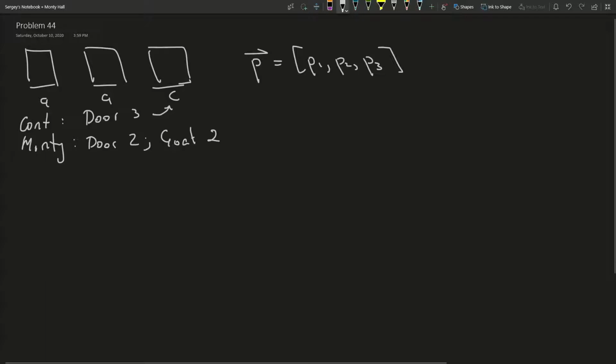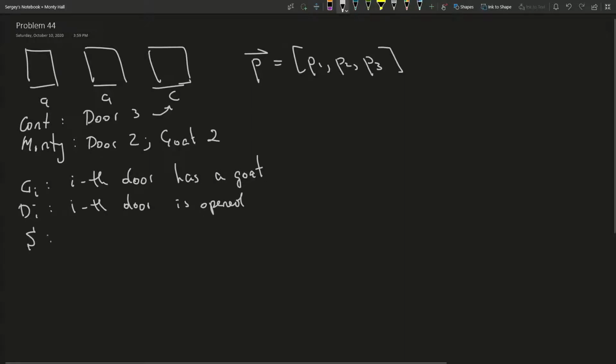Okay, let's make a few definitions. Let's say G sub i is the event that the ith door has a goat behind it. Let's let D sub i be the event that the ith door is opened by Monty. And let S be the event that the strategy of the contestant switching to the remaining door is successful.